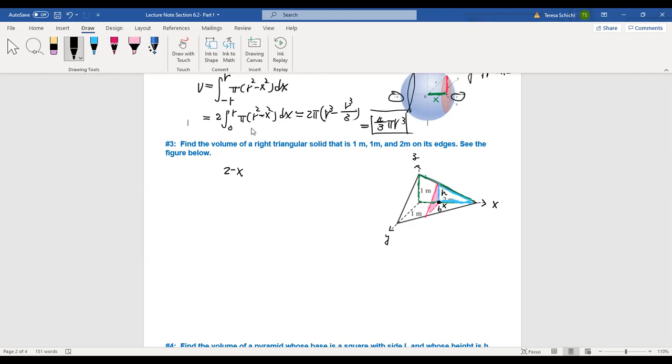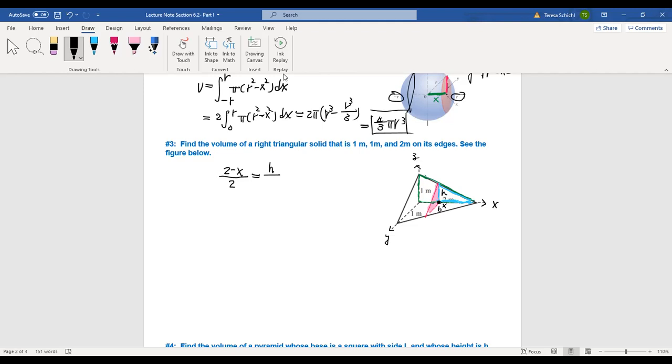By similar triangles, the 2 minus x, the blue one, is equivalent to the green big one, which is 2. Then the height of the blue one corresponds to the height of the green one, which is 1.